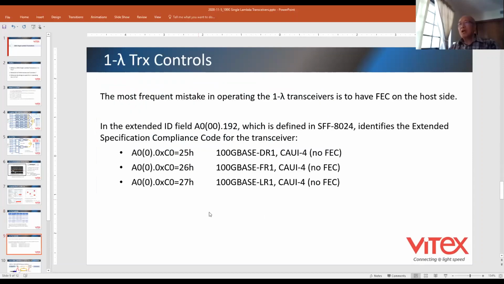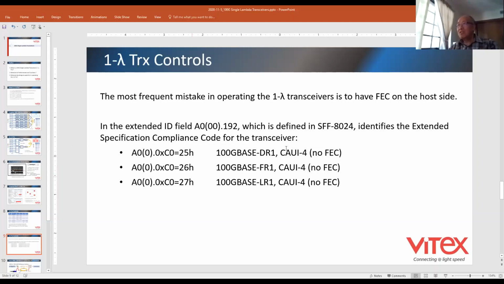And also, I want to remind you, in the extended ID field, which is universal to almost all transceivers, in page 0, byte 192, which is called the extended specification compliance code for the transceiver, it defines the single lambda family.